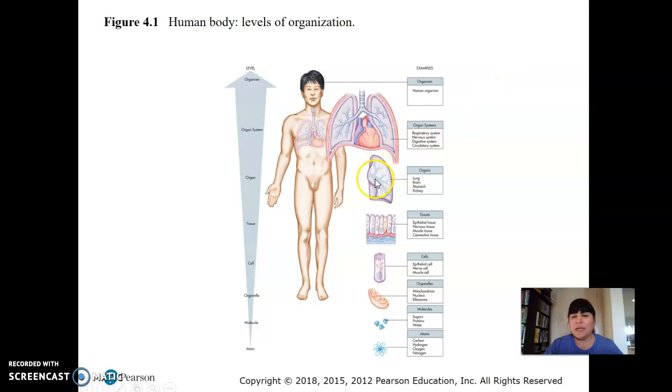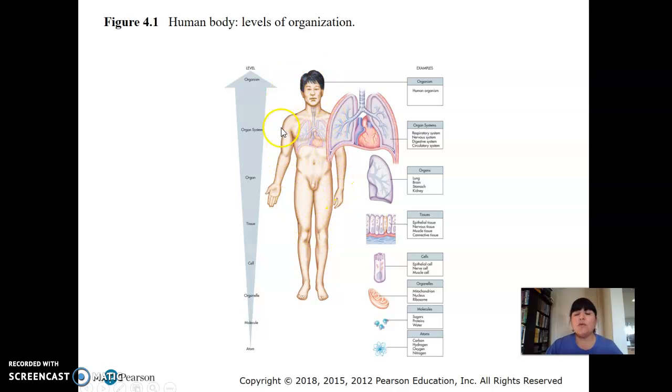Now, different organs that together have a specific function make an organ system. So the lungs, the trachea, the bronchi, the alveoli, all of that together is the respiratory system. And the body itself is made out of organ systems. So respiratory is one, cardiovascular, muscular, nervous system, epithelial system, etc.